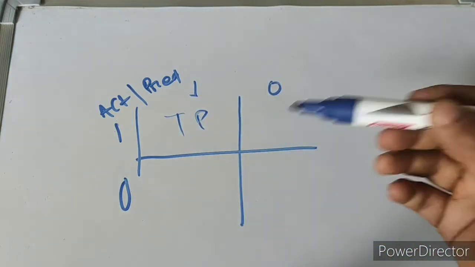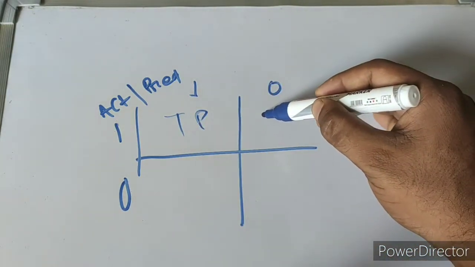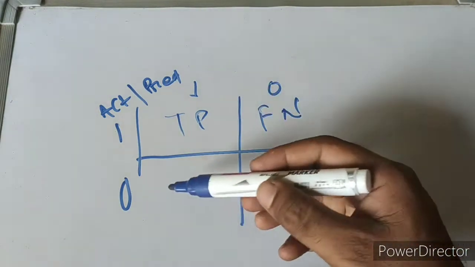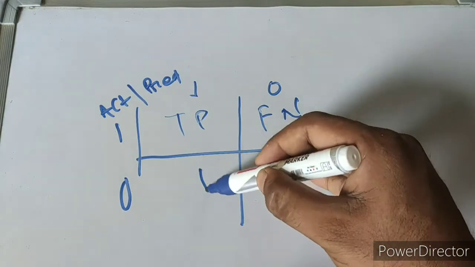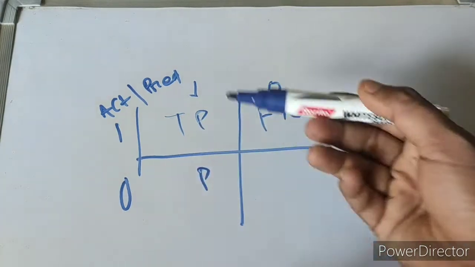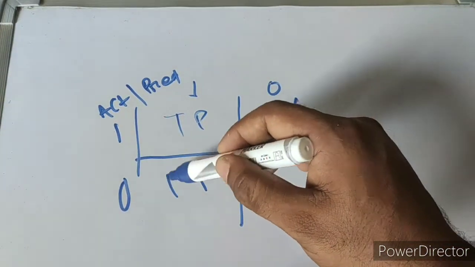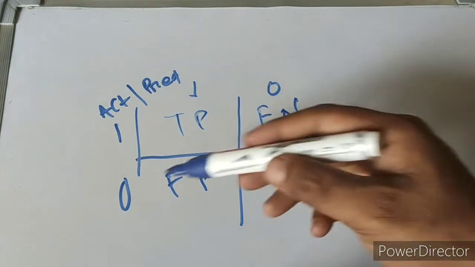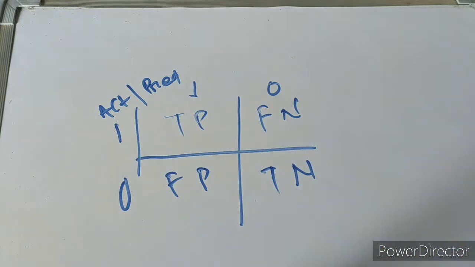If prediction is 0 and actual value is 1, it is false negative, because we are predicting negative and that is false. And here we are predicting positive and that is also false, because we have 0 in actual value, that's why it is false positive. And we are predicting negative here and actually it is true, that's why true negative. So here we understood true positive, true negative, false negative.